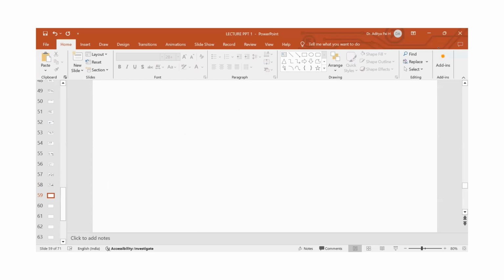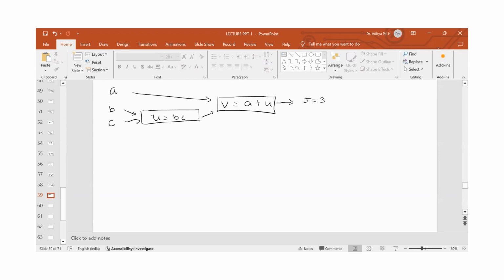For that, let me redraw the diagram so that you can get the reference of what I'm explaining. Here U is equal to BC, V is equal to A plus U, and J is equal to 3V.